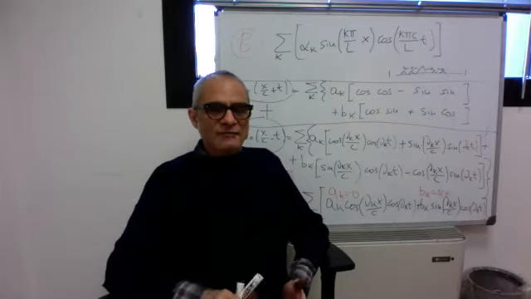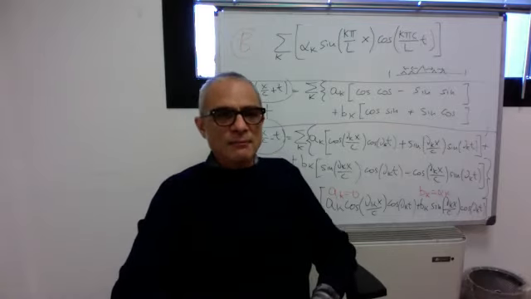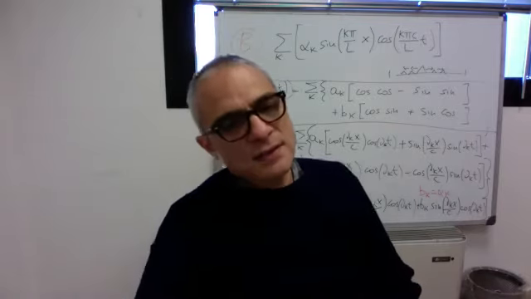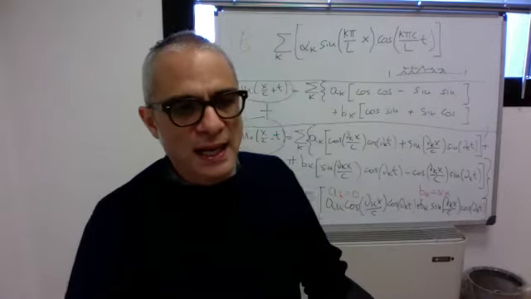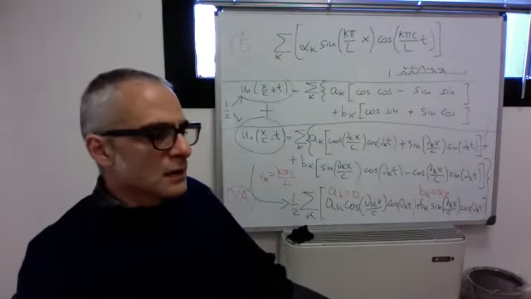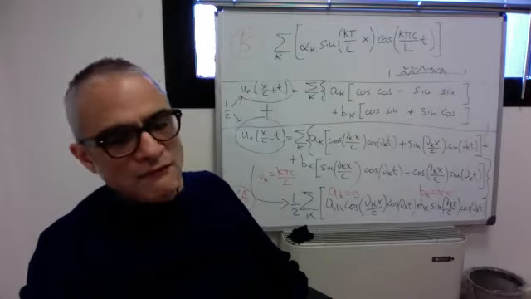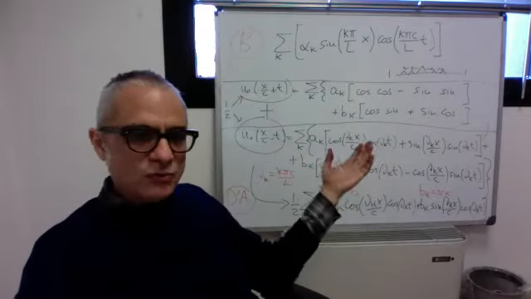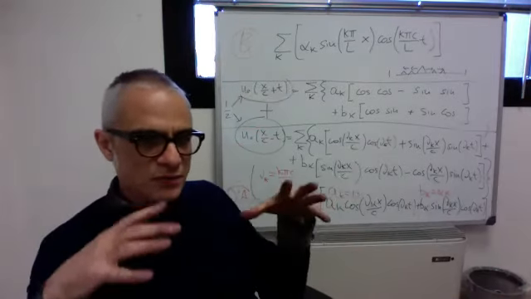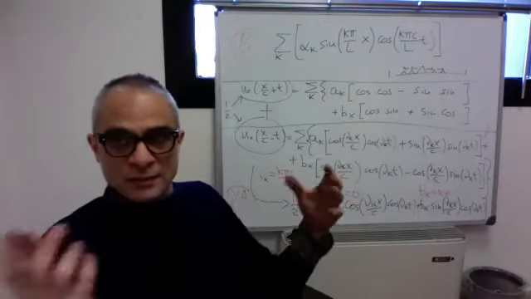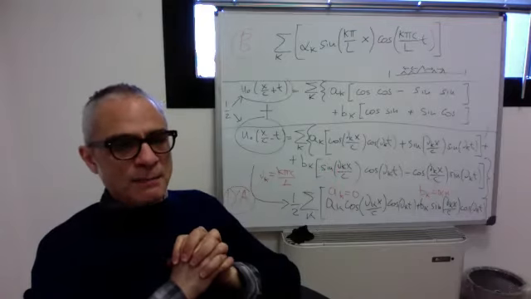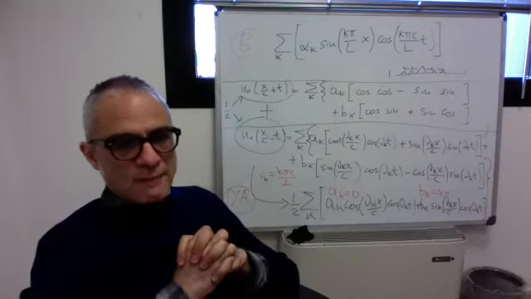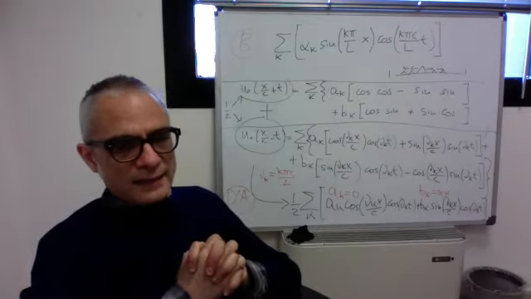Okay, so I've done the example of the string because it's a classic and because the math, as you've seen, is not so hard. It's possible to do exactly the same procedure in 3D for a spherical body like the Earth. It's just that the math would be much more cumbersome and time consuming.